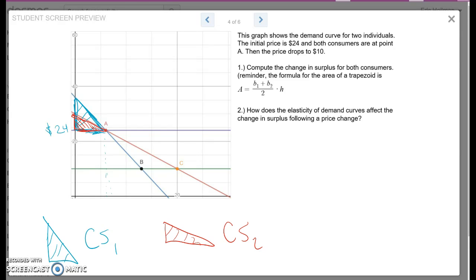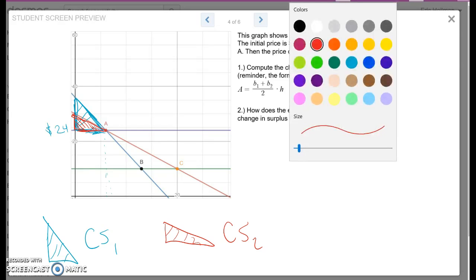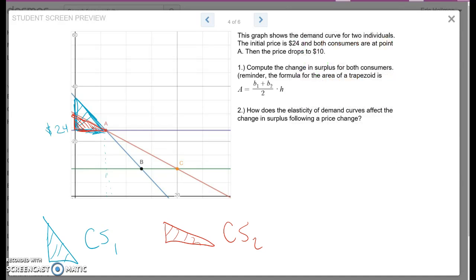Then when the price drops, consumer 1 will have that entire triangle, and the red consumer will have this triangle as their surplus.